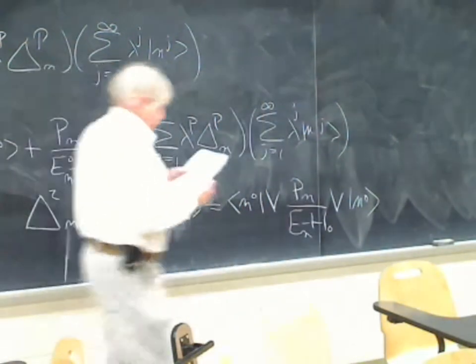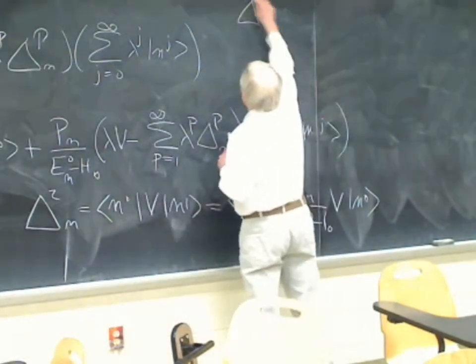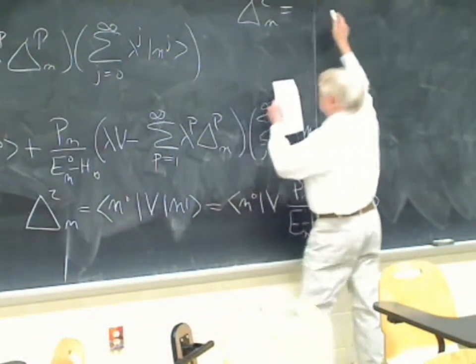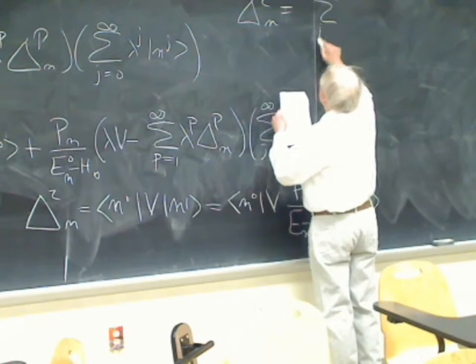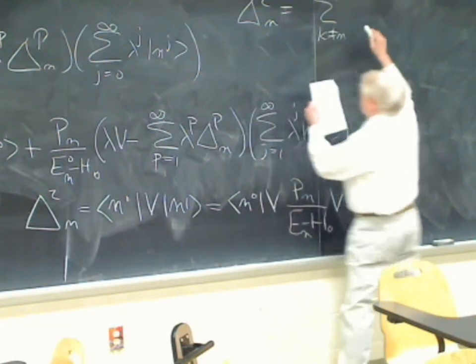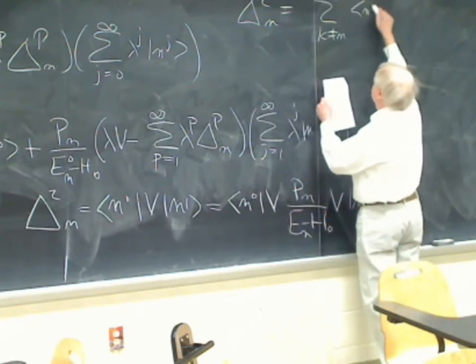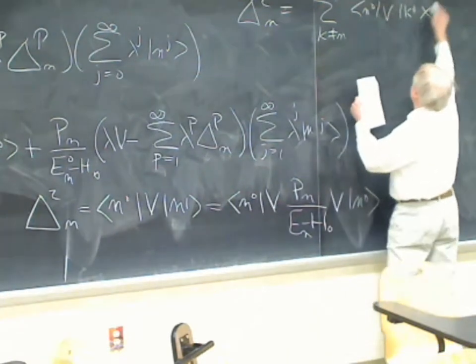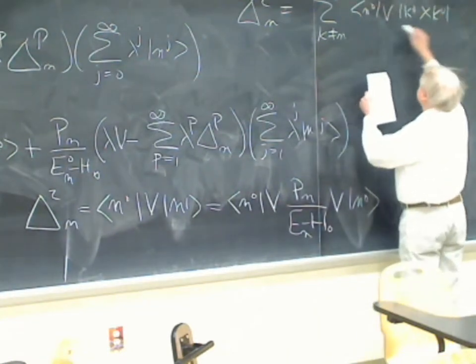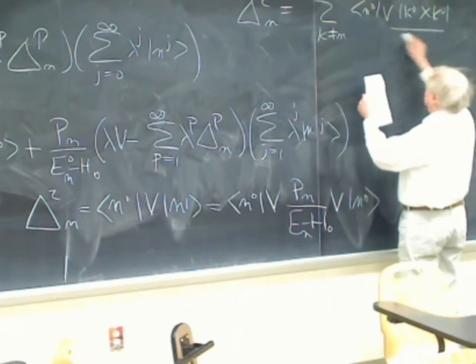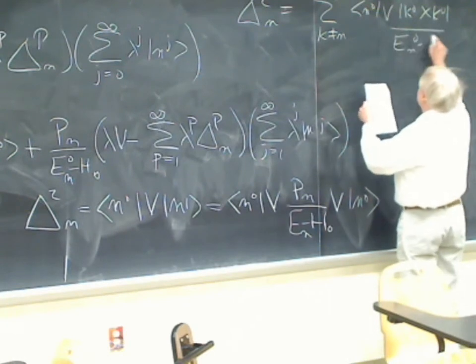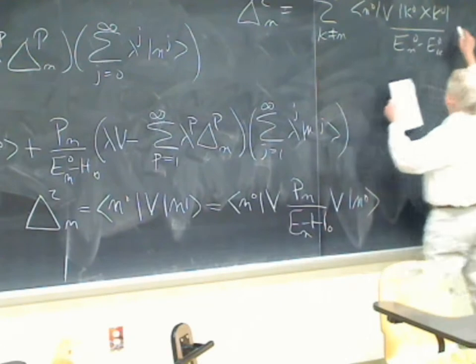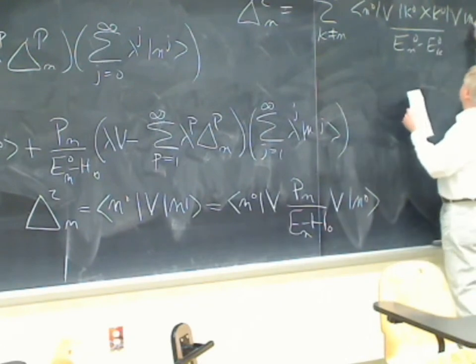And if we insert a complete set of states, then what we find is delta 2n is equal to a sum over k not equal to n, that's because of the projection operator, <n0|V|k0><k0|, and the k0 gives us the energy down here, En minus Ek0, <k0|V|n0>.